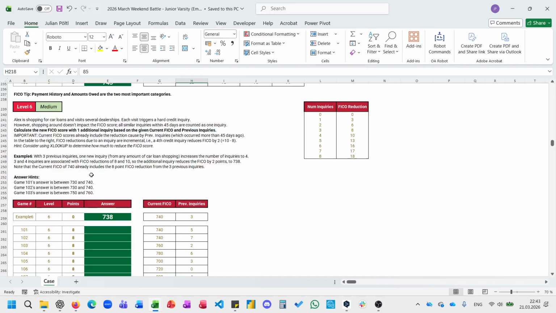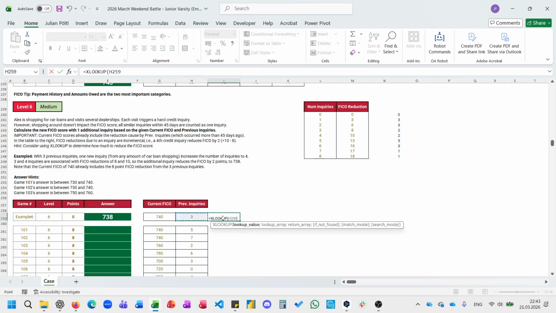Okay, 3 previous inquiry, 1 new inquiry. Increase number to 4 inquiries between. Okay. So this is basically this minus this, and then shifted, and this is 0. Yeah. Okay.